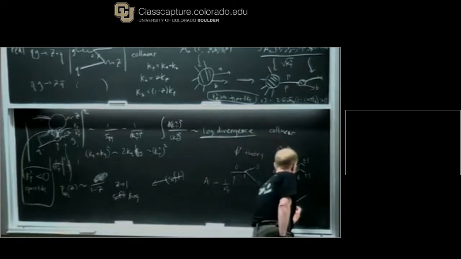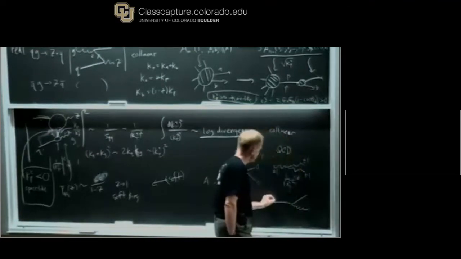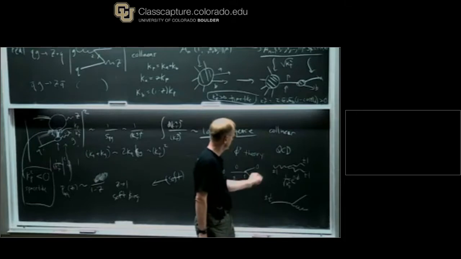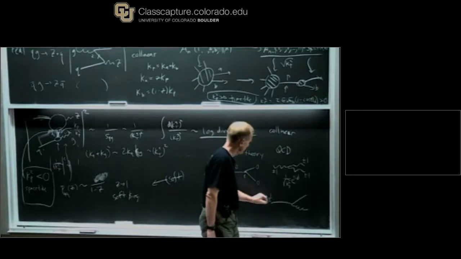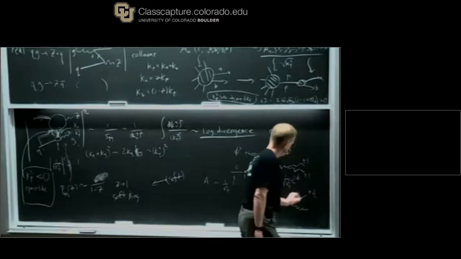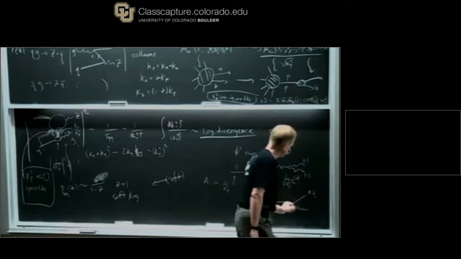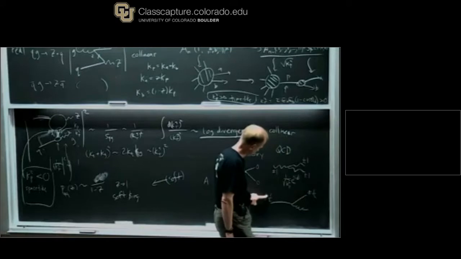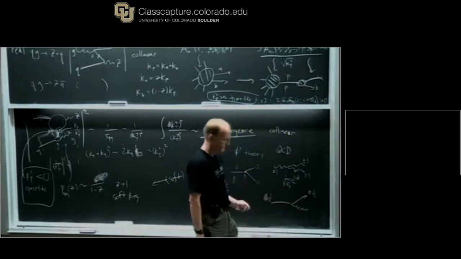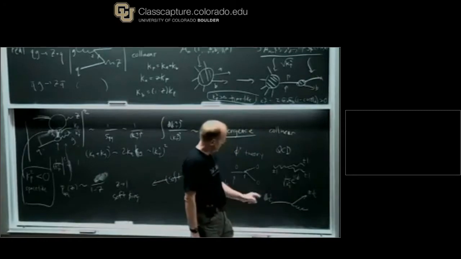Just for completeness, let's just look at this case. In this case, if we have a helicity plus or minus a half, well, let me put a plus or minus a half here for this quark. For massless quarks, this is a helicity conserving interaction.